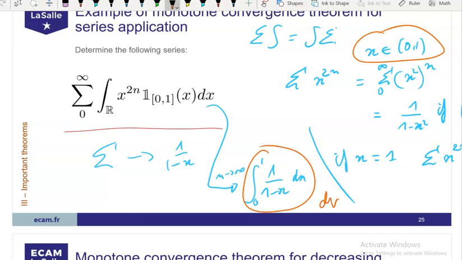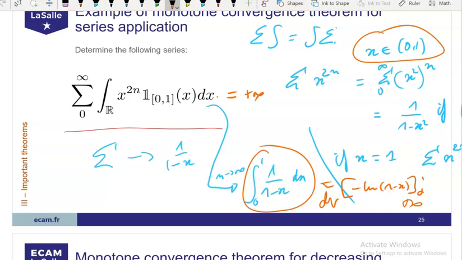Even if you don't remember improper integrals, that's going to be minus log of 1 minus x, so minus ln of 1 minus x between 0 and 1, and you know that this is equal to infinity. So we have that this is equal to plus infinity.